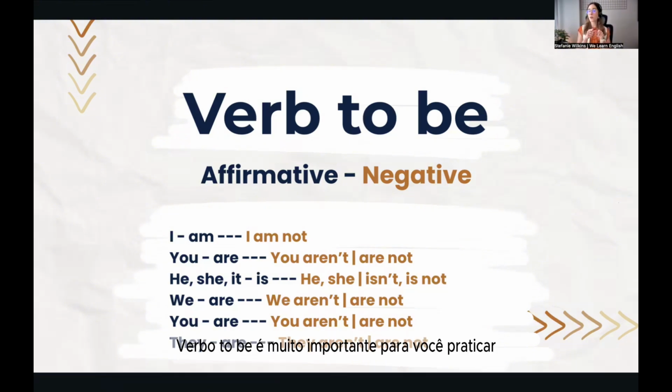Exactly. Verb to be is very important for you to practice because you might see it every class, I guess, but in context. Let's take a look at the affirmative way, and right after, the negative form. All right, I'm going to show you the way that you can type or write, okay?